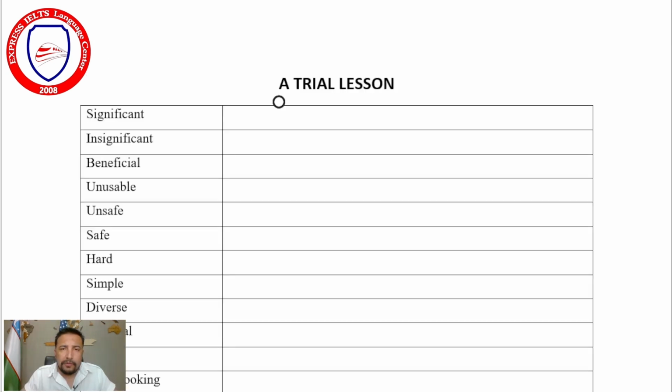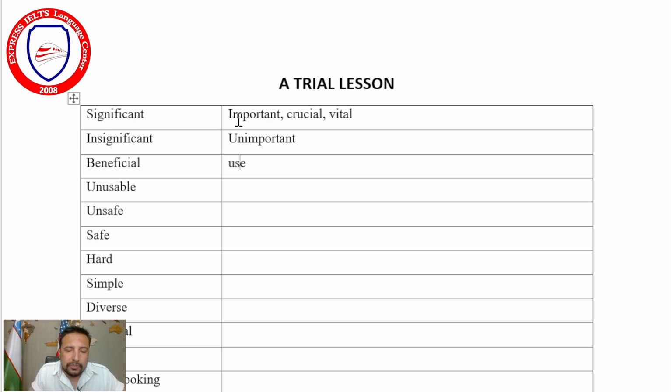Okay, now we'll look at vocabulary with you. We need to write synonyms now. Significant, synonym important, crucial, synonym vital, and insignificant, it means unimportant. Beneficial, it means useful. It means like helpful. It may be sometimes practical.